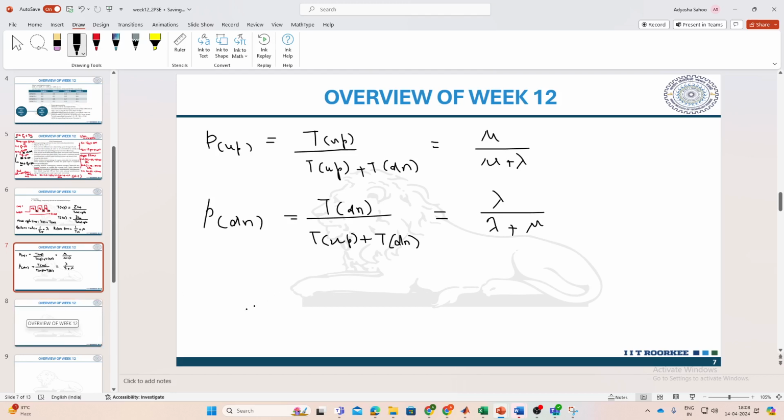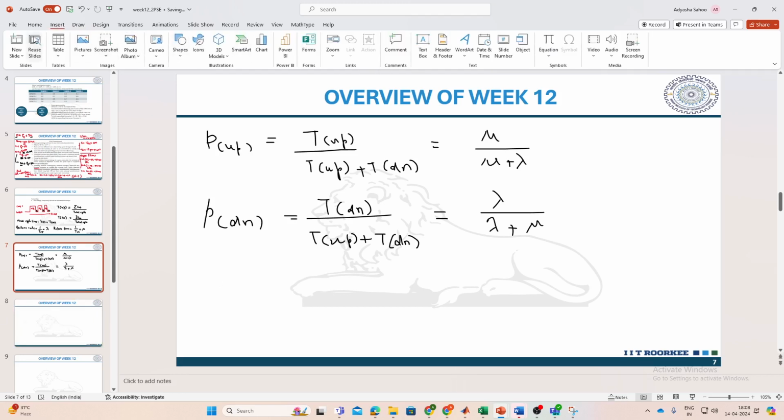Apart from this, another thing that was taught to you was security constrained optimal unit commitment.